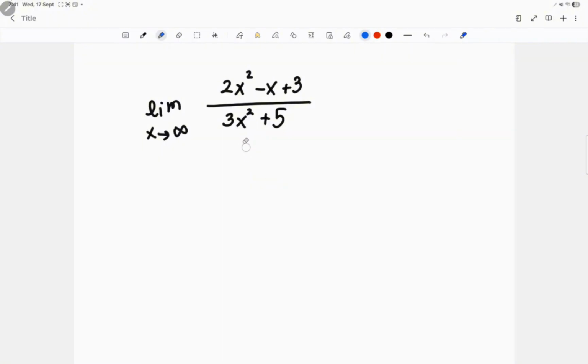Whenever you have the limit of x approaching infinity, you divide every single number on the top and the bottom by the highest power in the bottom. Highest x power. x squared.